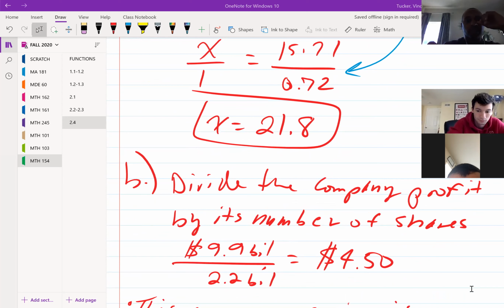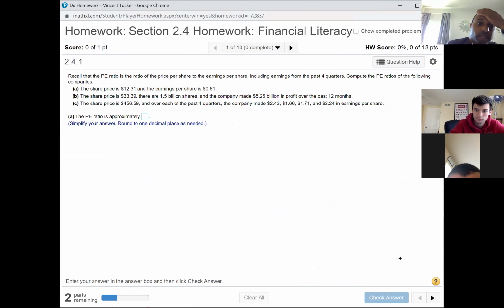All right, so let's look at B. The share price is $33.39. There are 1.5 billion shares. The company made 5.25 billion in profit over the past 12 months.